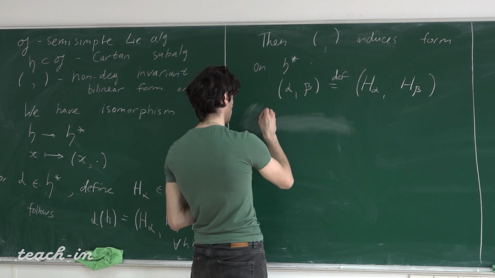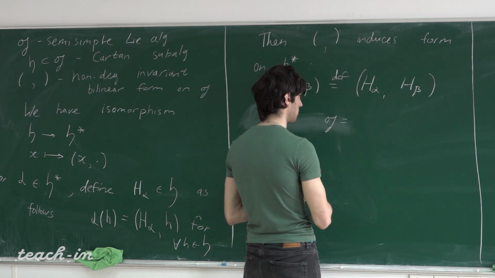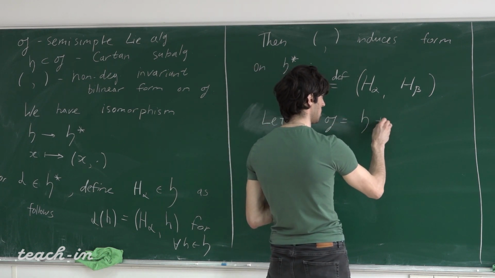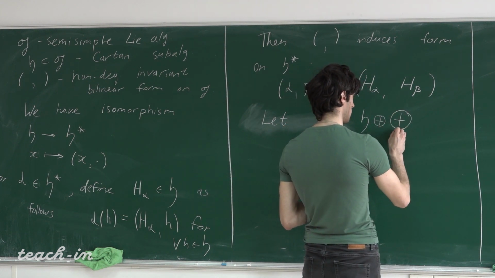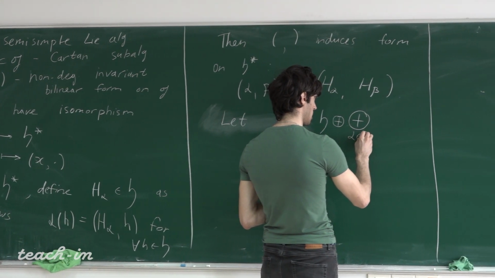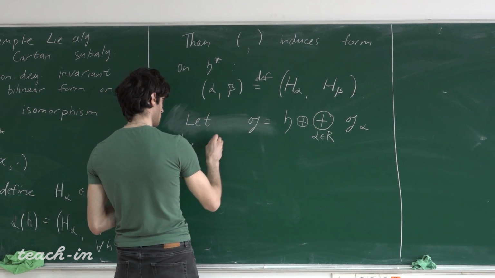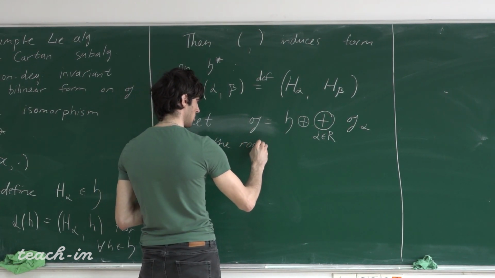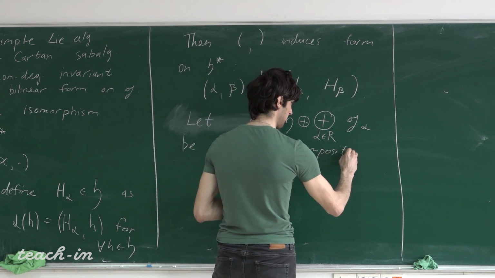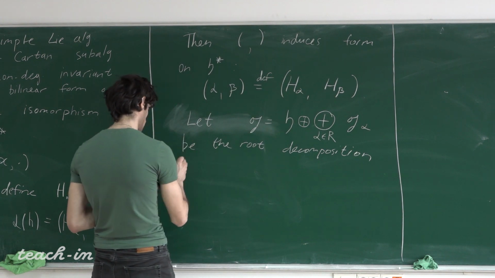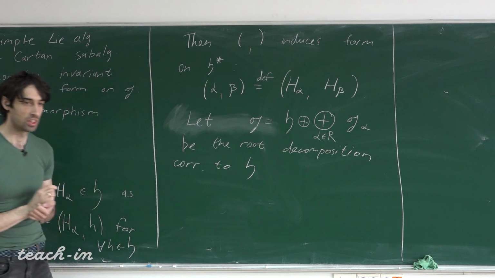So let G be decomposed as follows: H plus the direct sum over alpha in R of G alpha be the root decomposition corresponding to H, right?